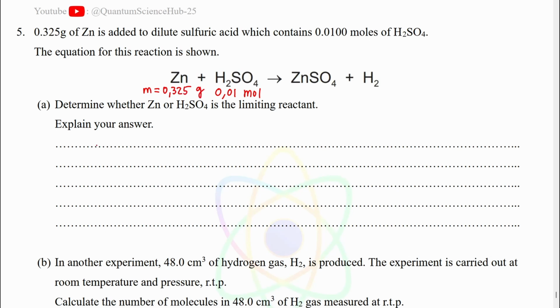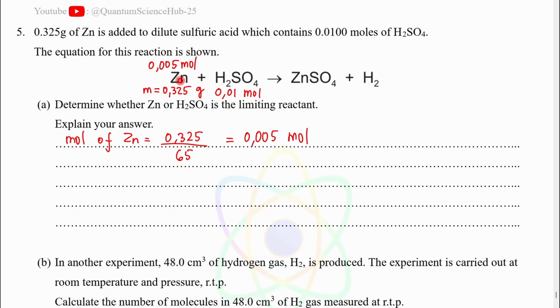So let's find the moles of Zn first. Mole equals to mass over Mr, right? So the mass is 0.325. The relative atomic mass of zinc is 65. Equals to 0.005 mole. Okay, so the mole of Zn here is 0.005 mole.